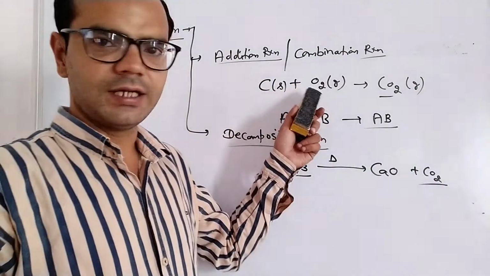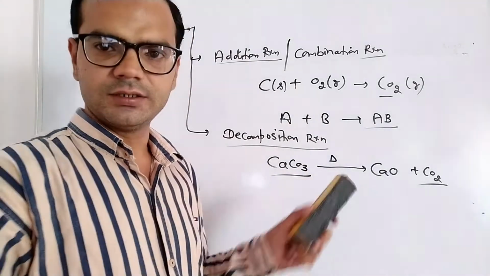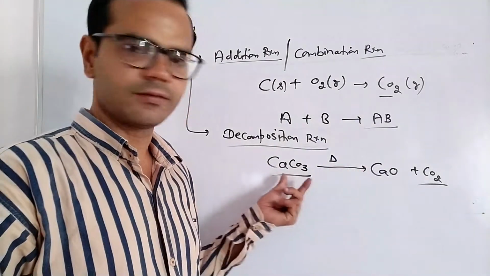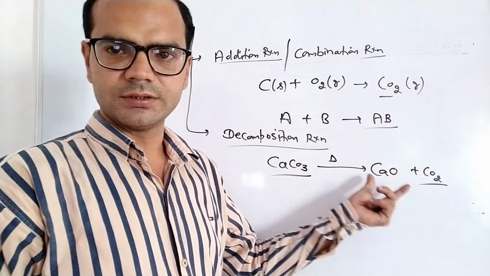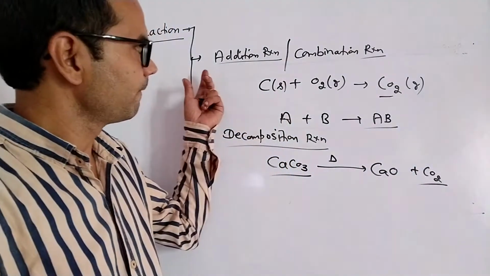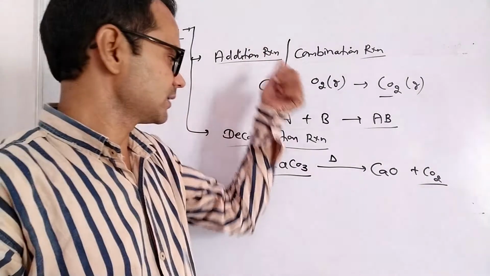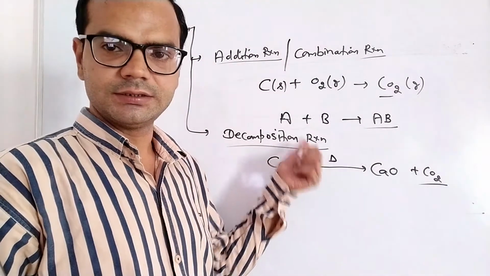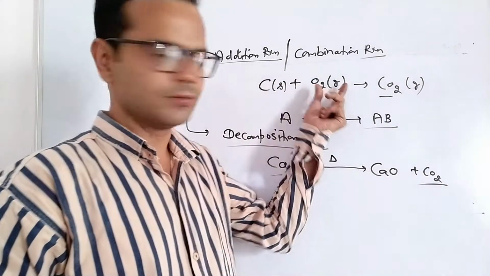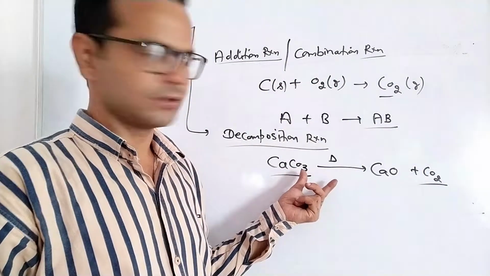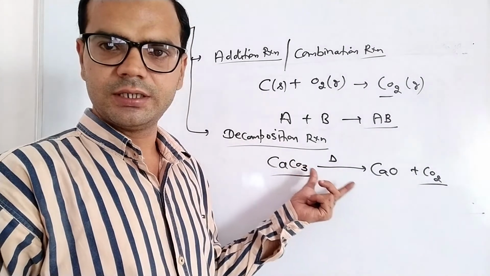Here we can see splitting of a reactant molecule to give two or more new products. So justify that addition reactions and decomposition reactions are just opposite of each other. Here combination takes place, but here decomposition or dissociation takes place.